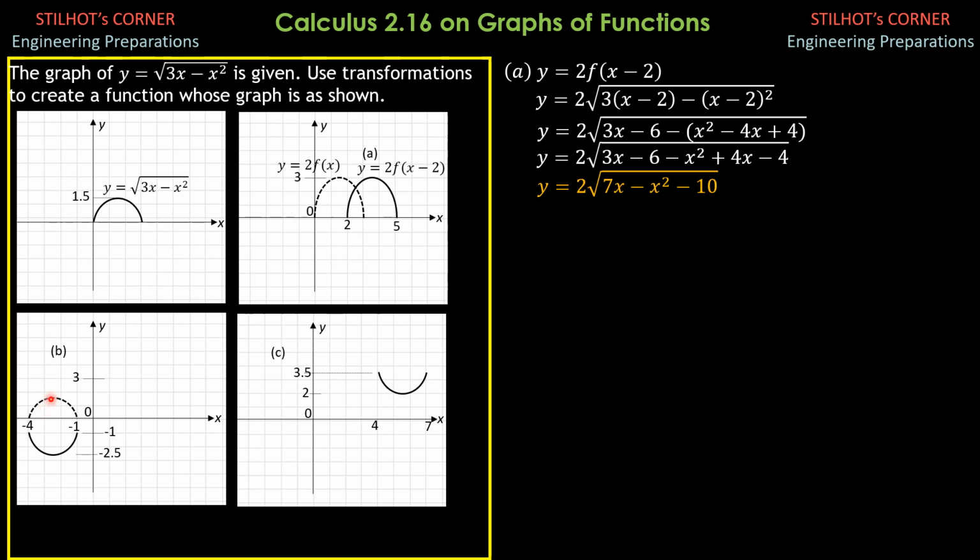So the equation of this curve is, in general, y equals f of x plus 4. Then from y equals f of x plus 4, because we want to find this graph, we first reflect it about the x-axis. Reflecting it about the x-axis is making the sign here negative. Negative of f of quantity x plus 4.